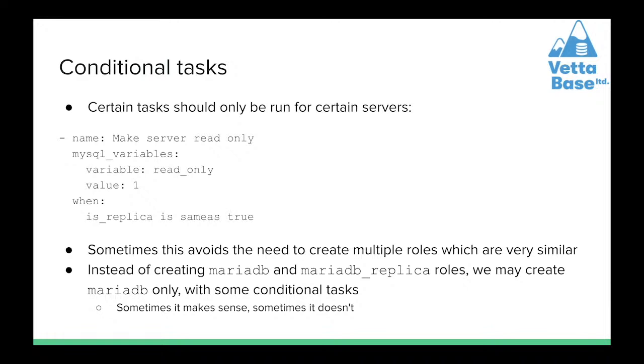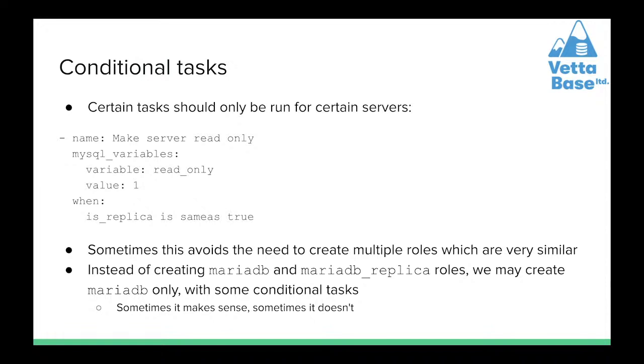So in this example we use again the when attribute. Basically the task itself is executed only if there is a isReplica variable which is set to true. Okay, if this is the case, a MySQL variable is set using the MySQL variables module.